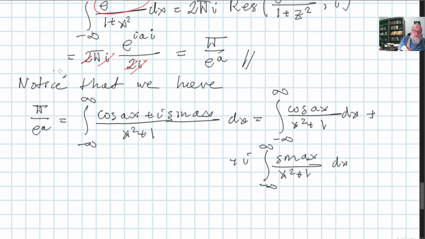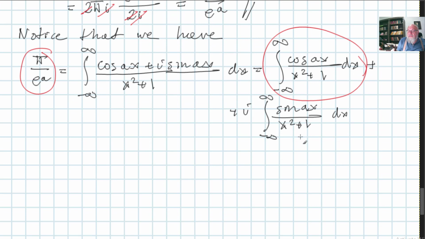So actually this value is equal to this real integral, and that imaginary integral of course is 0, and that one is equal to pi over e to the a.